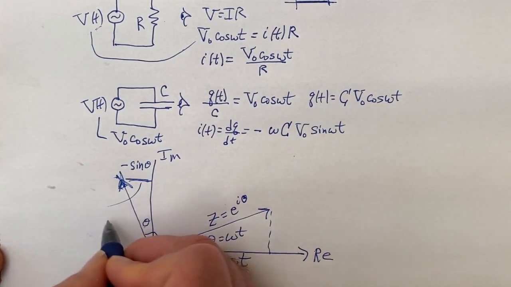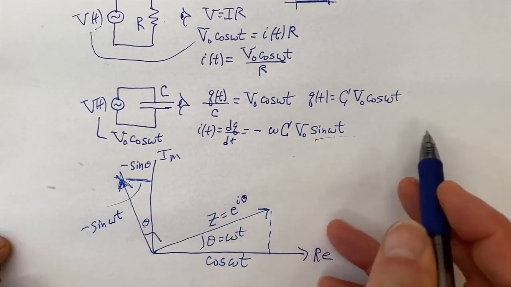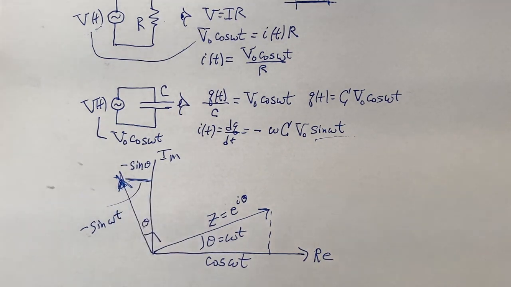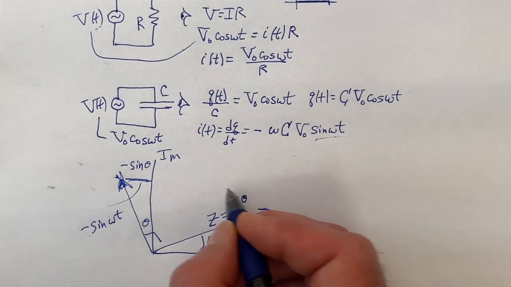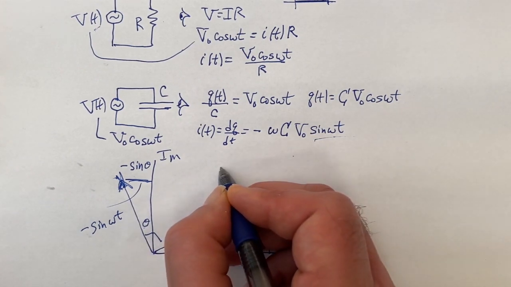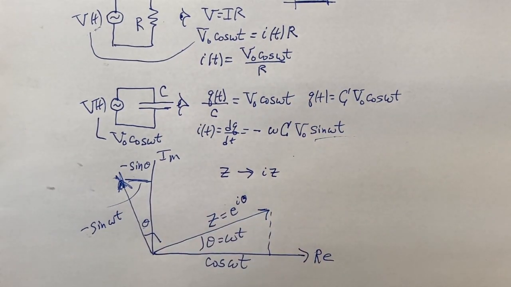So this is your minus sine of omega t. So that's what we have here. This is telling us that the current here is rotated by 90 degrees. We know it's rotated by 90 degrees because the trigonometric functions come out right. But we also know you can get that by doing the trick: if z goes to iz, that also does the rotation.